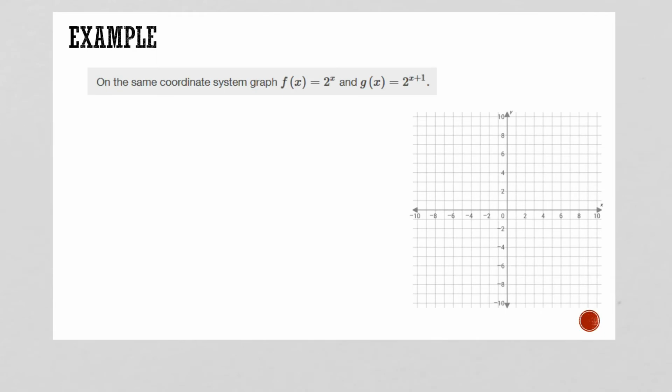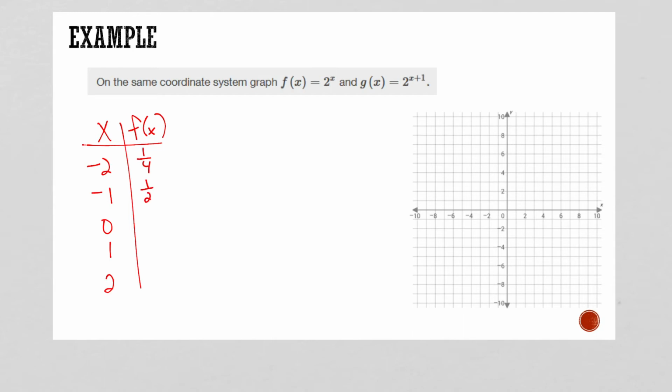Okay, let's do another one. All right, so let's see here, x and then f of x. Let's do the same numbers that we've been using. Whenever I put in -2 right here, 2 to the -2 is 1/4. 2 to the -1 is 1/2.